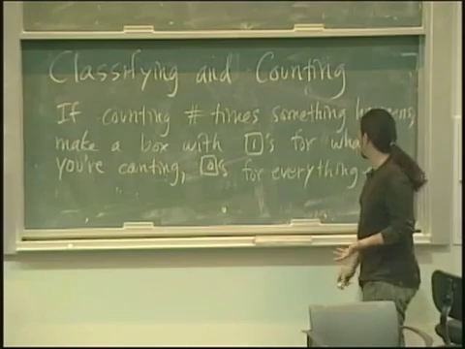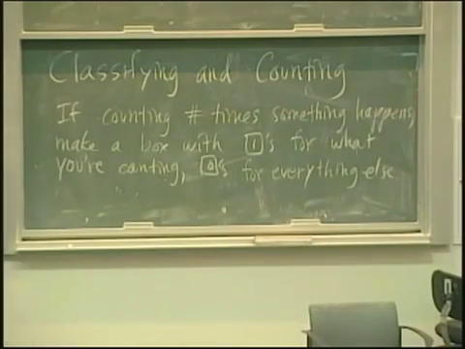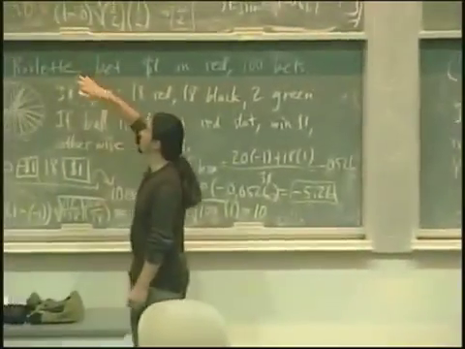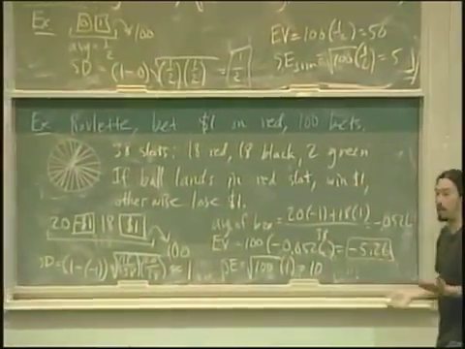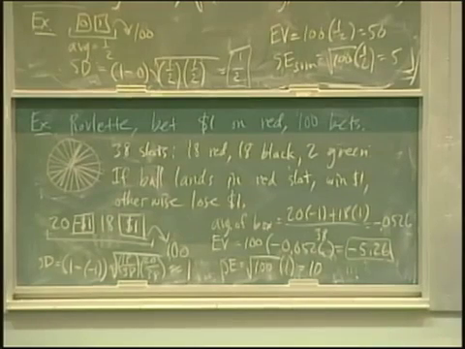Like I said, we've already done this for coin tosses. In this box for counting the number of heads in 100 coin tosses, the 1s represent the things we're counting, the heads. The 0s represent everything else, the tails.